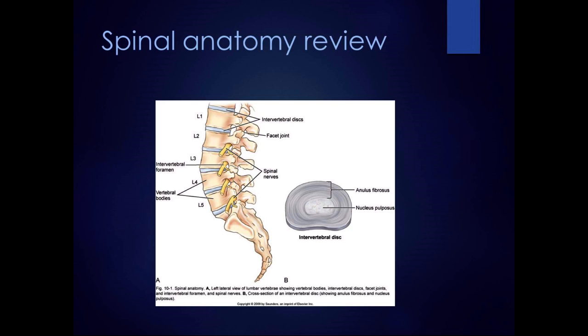So traction affects all of these. It gaps the facet joints. It pulls up on the disc. If you remember the anatomy of the intervertebral disc, we have the gel inner part, the nucleus pulposus, and the fibrous outer part, the annulus fibrosus. So we can affect where the gel sits in the middle with traction.